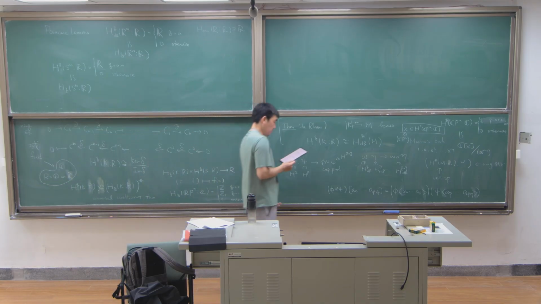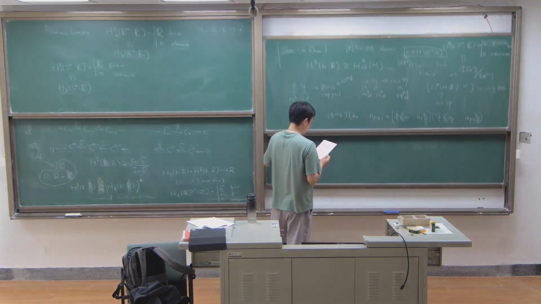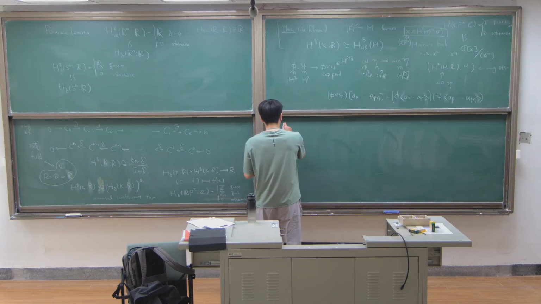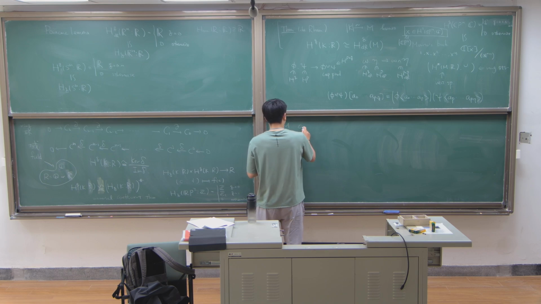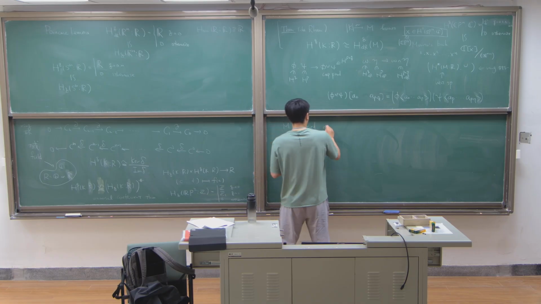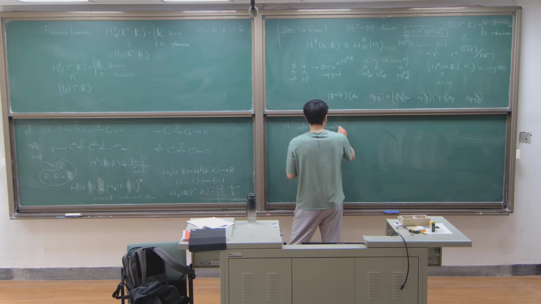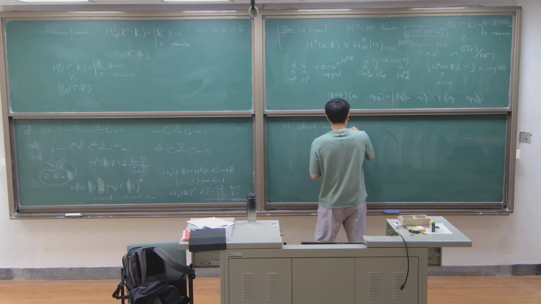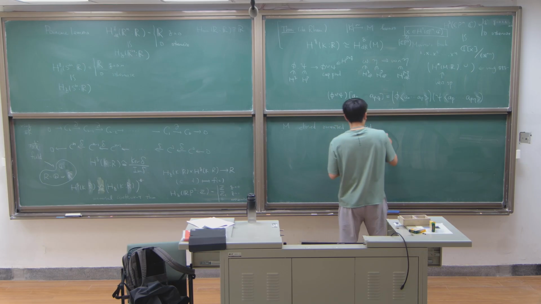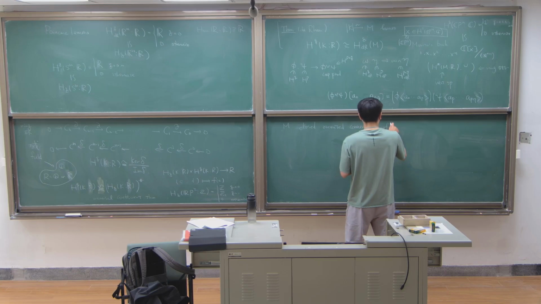And then Poincaré duality. Suppose M is compact, closed, oriented, connected, an n-dimensional manifold.